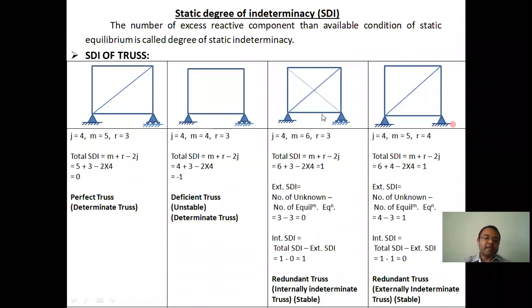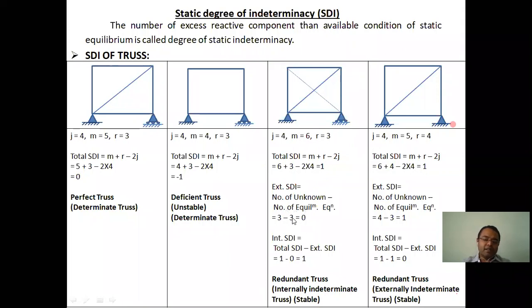For a truss, there exist 2 types of HDI: external HDI and internal HDI. The external HDI formula is number of unknowns minus number of equilibrium equations. The number of unknowns is nothing but R, that is 3, minus the number of equilibrium conditions.